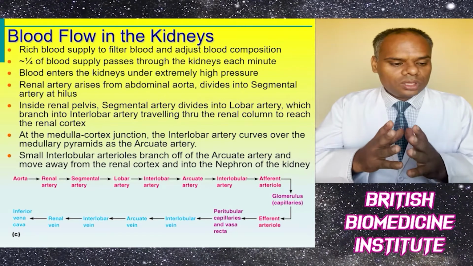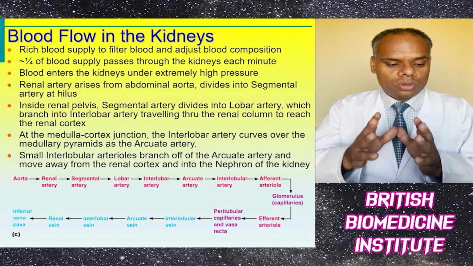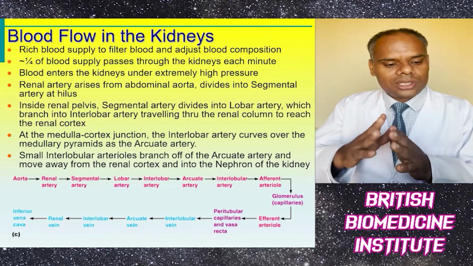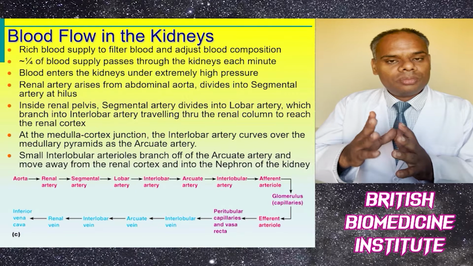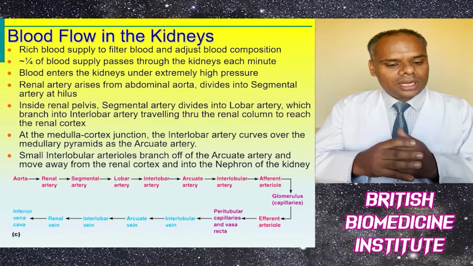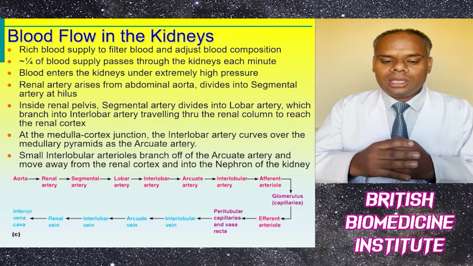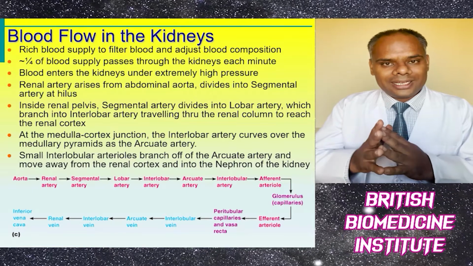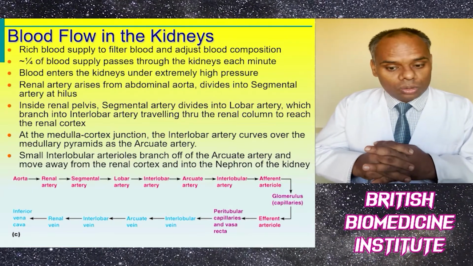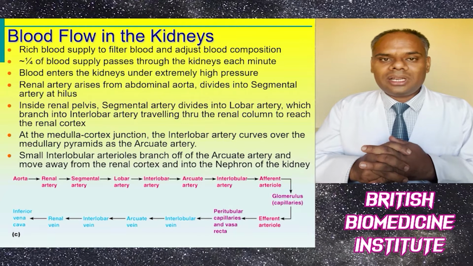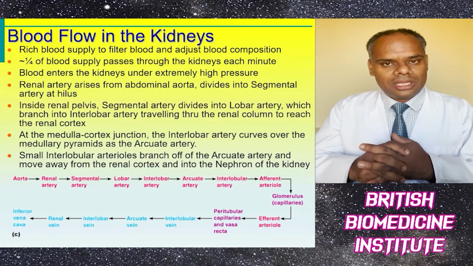So from aorta, it will move to the renal artery, from there to the segmental artery, then the lobar artery, then the interlobular artery, then the arcuate artery, interlobular artery, afferent arterioles, and the glomerulus with the help of capillaries.